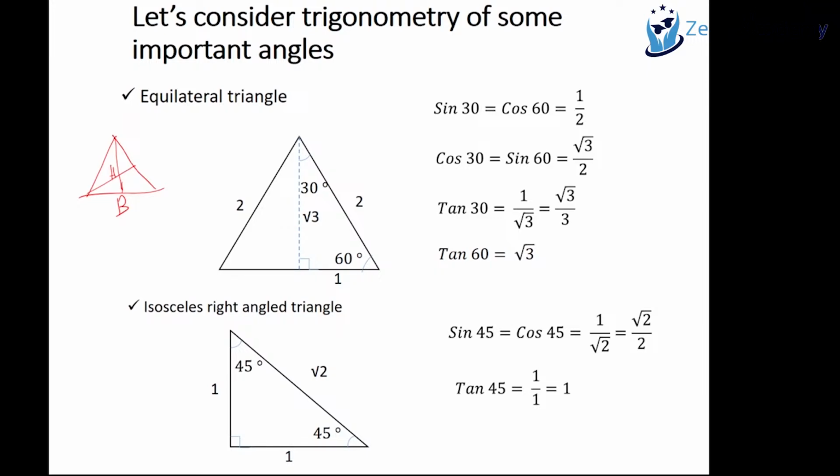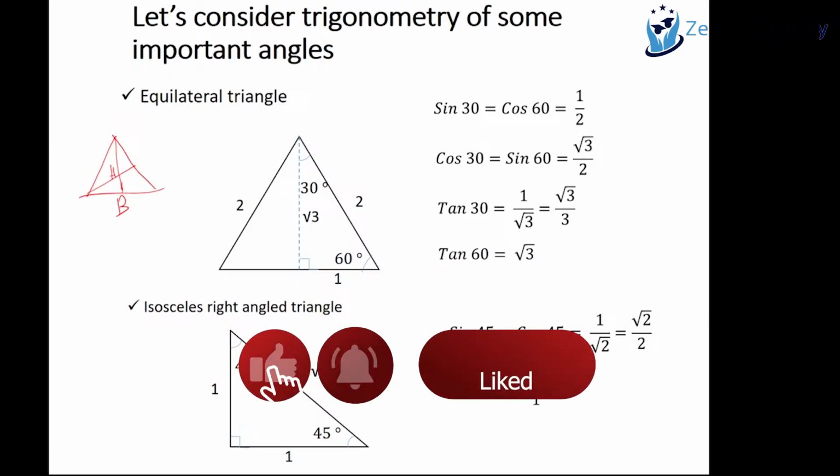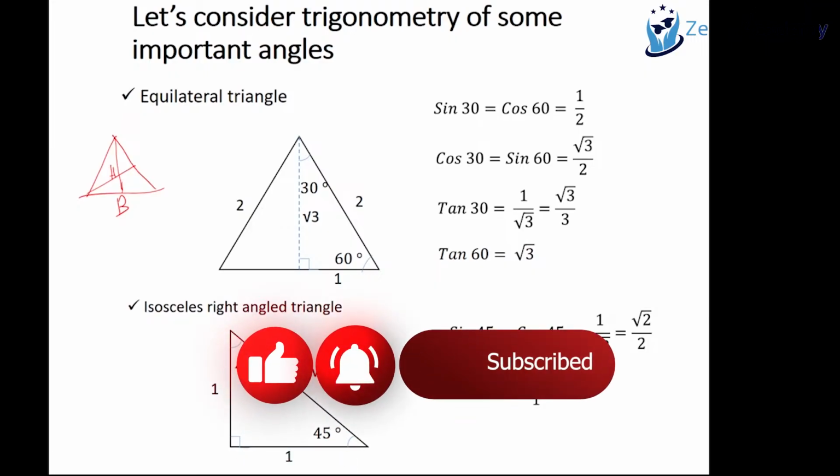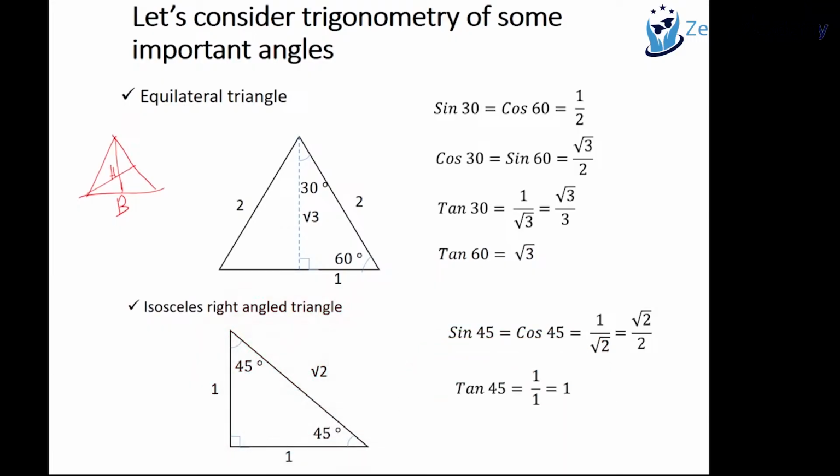Let's say I have this equilateral triangle, and I draw this height between the two equal sides. Then I come up with these angles, 30 degrees and 60 degrees. If I write the sine of 30 as opposite over hypotenuse, which is 2, sine 30 would be a half.